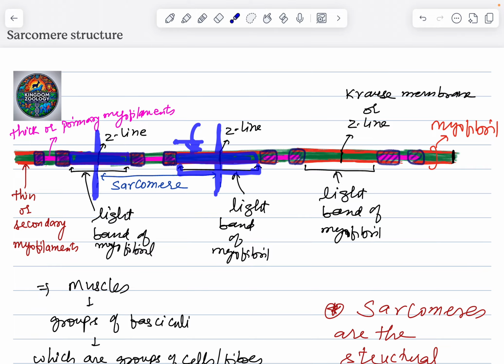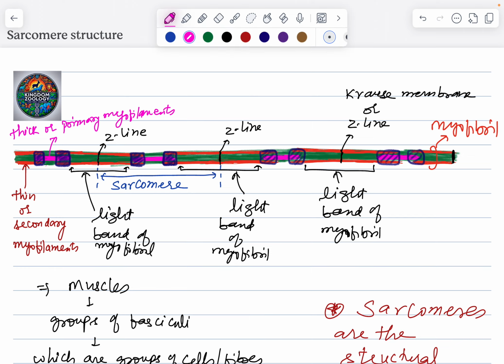Similarly, this entire structure is one light band, so how much portion of this light band belongs to this particular sarcomere? Only half.